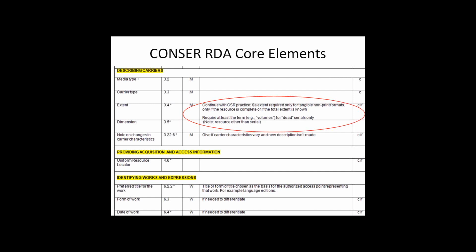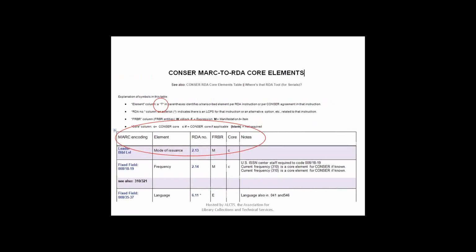It's organized by RDA instruction, and it gives you, as you see on this slide, an indication of the FRBR entity level. Now I'm going to talk about the document that organizes those same elements into a MARC 21 to RDA core element set. If you see in the left-hand column, it is organized by the MARC encoding.